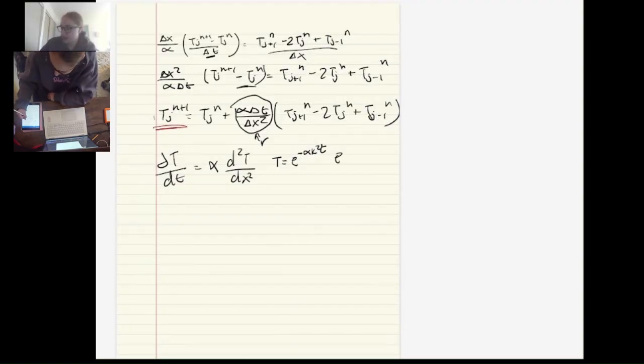And then e to the ikx. So we have that. So we need to understand and look at why we think that T is this, why we think this here is the answer to this.